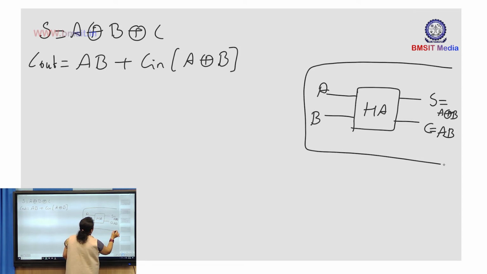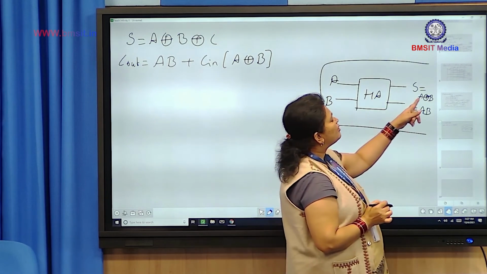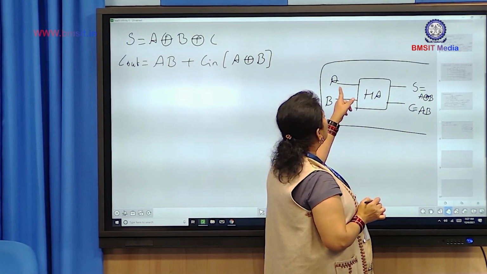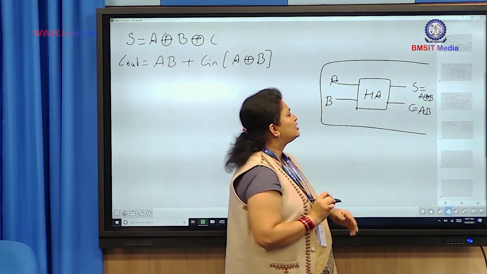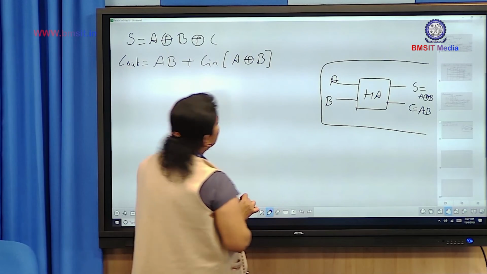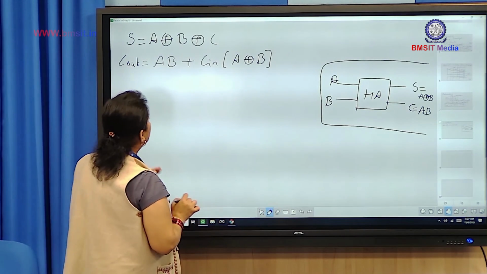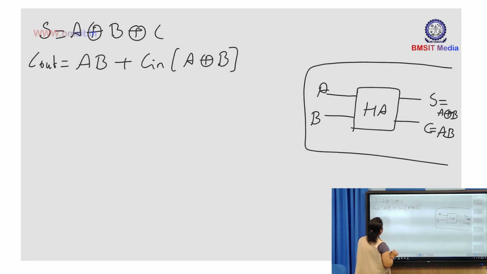It adds two binary digits producing two outputs, sum and carry, where sum is got by the XOR operation of A and B, while the carry is got by ANDing the inputs A and B. So using this half adder, we are going to implement the full adder. Now for the full adder, we need three binary digits. So let us see how it can be done. So I'll be considering the three inputs A, B and C in.